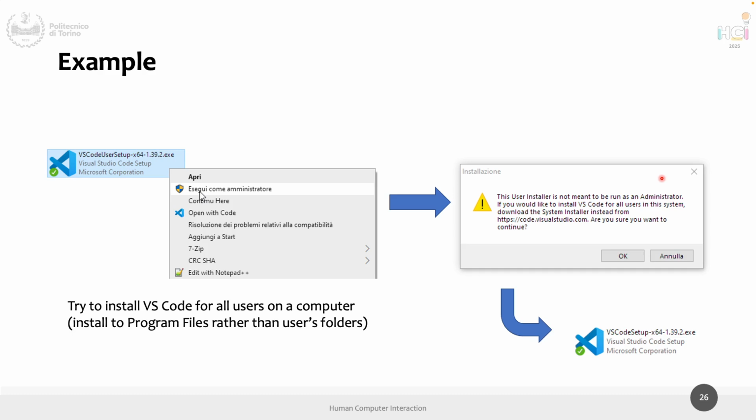Are you sure you want to continue? At that point, you can go on the website and download the system installer, or say, okay, I'm fine not installing it for all the users, not as administrator, just for my user on my computer, and install it as a normal user.